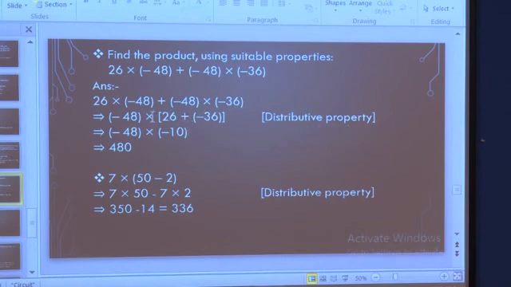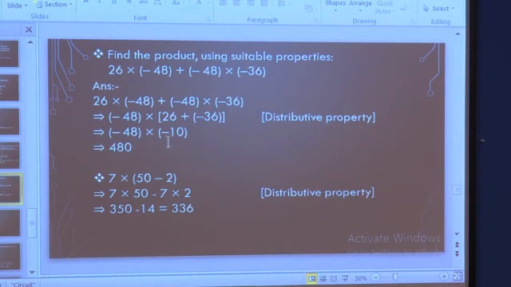First our duty is to solve the bracket. So, 26 plus minus 36 means 26 minus 36. You have to subtract the numbers, 36 minus 26 is 10. Your greater number is negative, so we write minus 10, and we are multiplying by minus 48.